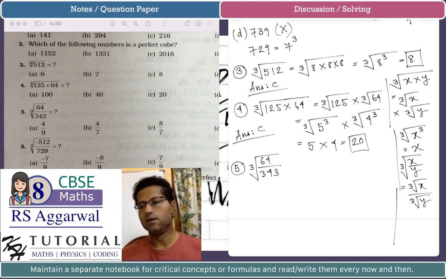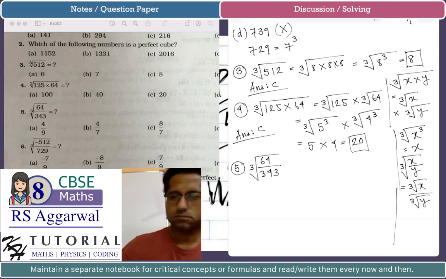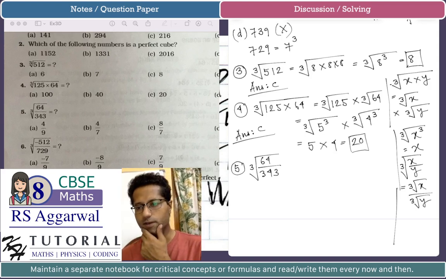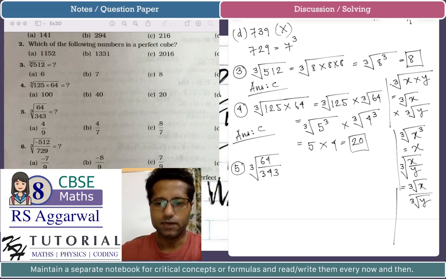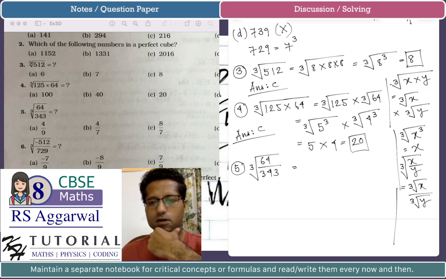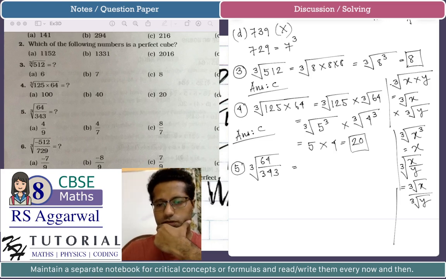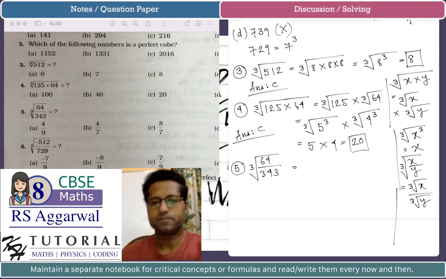Now, in the cube root of x by y, if both x and y are perfect cubes, then you will rewrite it as the cube root of x divided by the cube root of y. We can see that 64 is a perfect cube, the cube of 4, and 343 is also a perfect cube, the cube of 7.